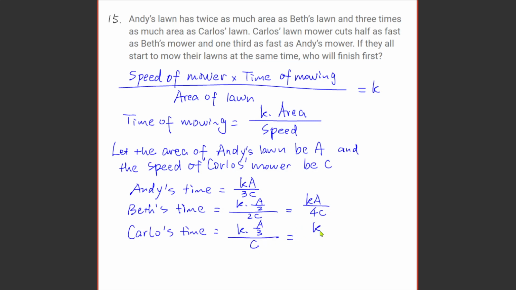This gives us ka over 3c, right? And this tells us that Carlos and Andy take the same amount of time, and Beth takes a little less time because 1/4 is less than 1/3, right? So we know Beth will finish first.